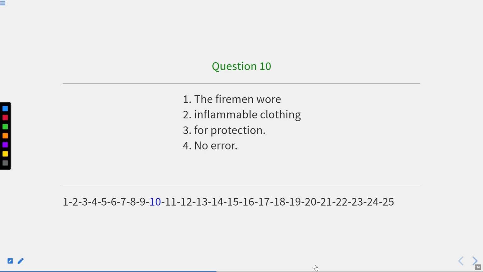Okay, but here obviously the fireman must have worn some cloth which will protect him from the fire. And if one has to be protected from fire, he should wear non-flammable clothing. Okay, non-inflammable. So the correct answer will be 2, that is non-inflammable.